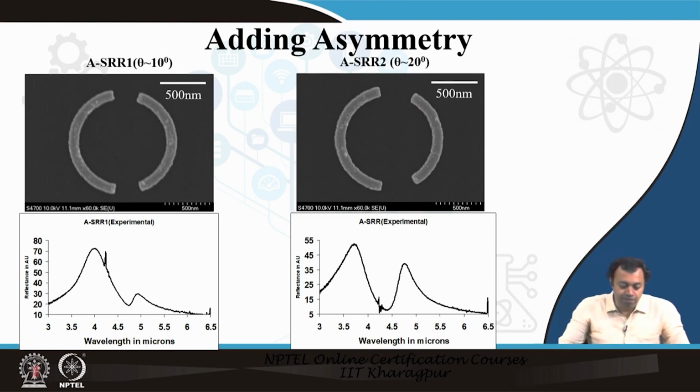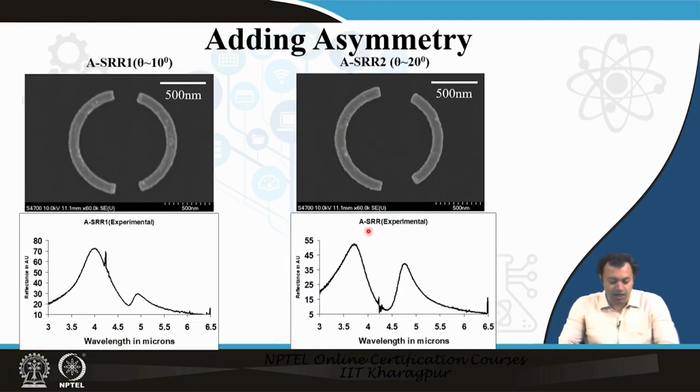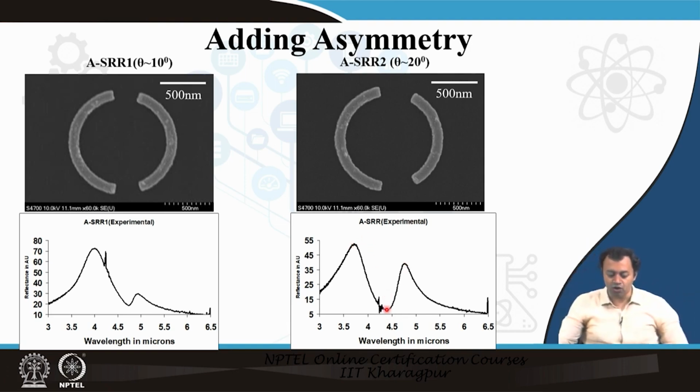So, the big peak that you see here starts bifurcating, and the difference in the resonance of the two peaks starts coming up. The big peak bifurcates into two peaks and one trough.